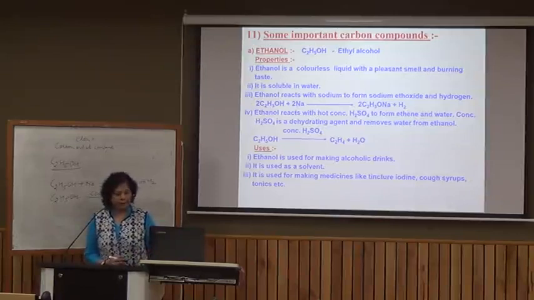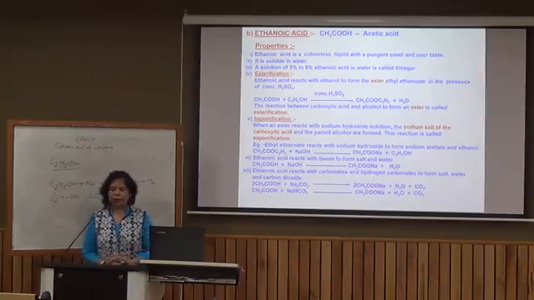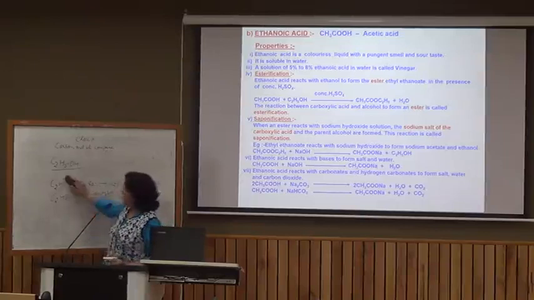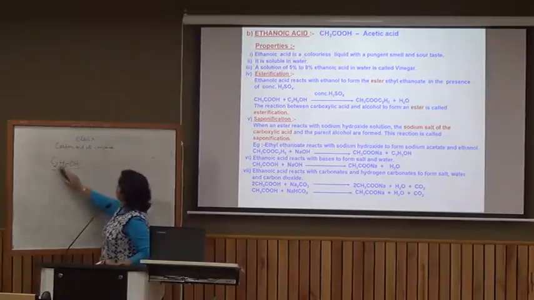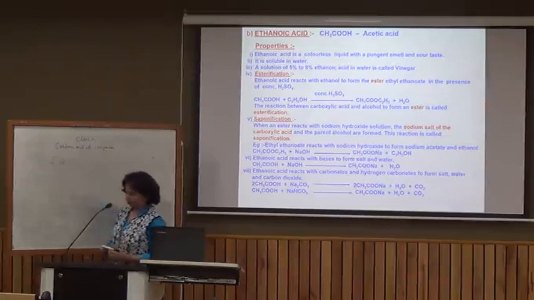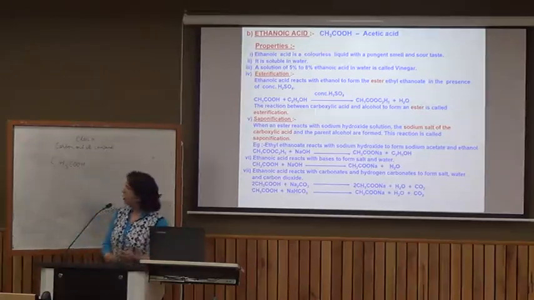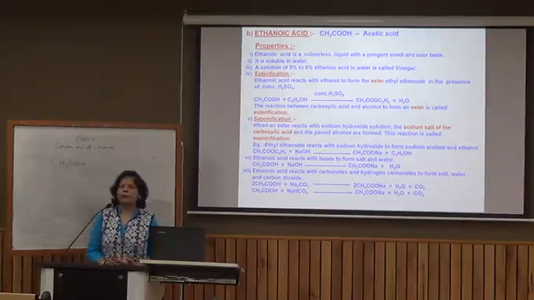Now we come to another carbon compound, that is ethanoic acid. Ethanoic acid is commonly called acetic acid. Its formula is CH3COOH. It's a mild acid, an organic acid, so it shows all the properties of acids.